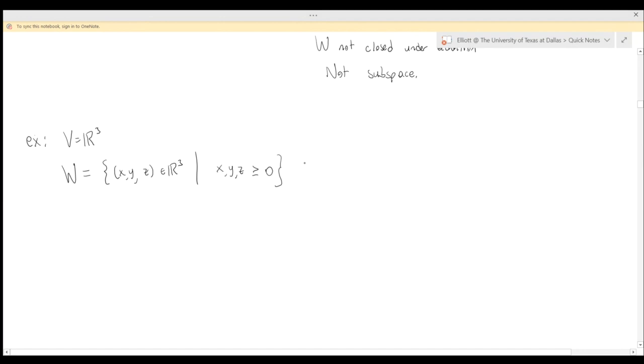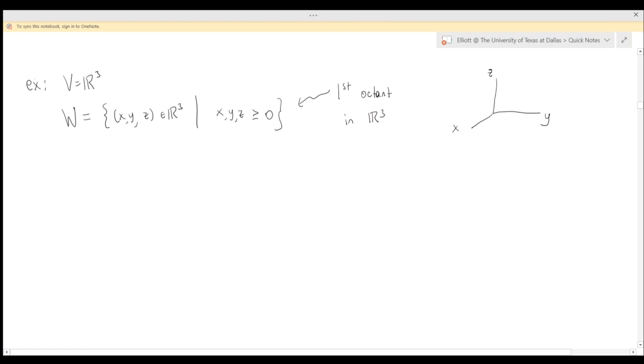So if you will, W is what people usually call the first octant in R3. Whenever people draw a picture of R3, they usually only draw the first octant. All right, so we want to ask if this would be a subspace or not.